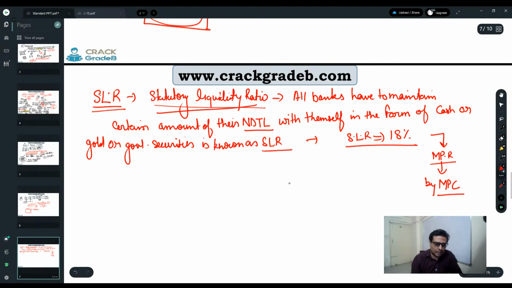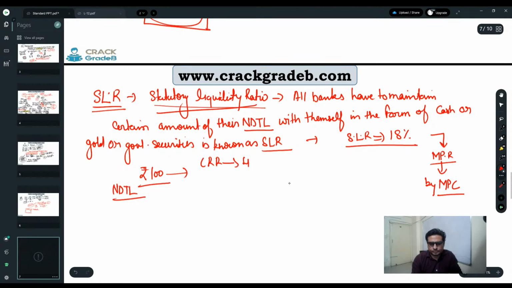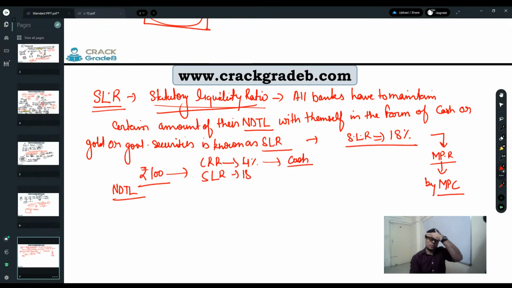Now, again we will go for this example: 100 rupees is the bank's NDTL, right? CRR is 4% and SLR is 18%. And CRR is mandatory to maintain in cash, and cash is not going to give you any kind of return.